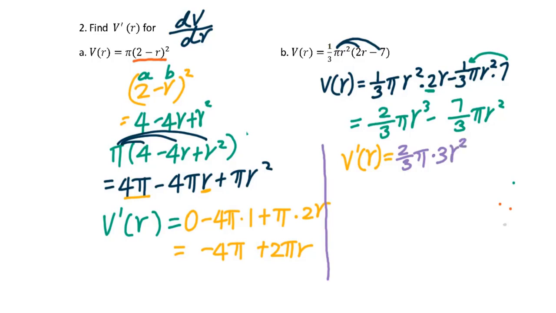So you get 3r squared, minus 7 over 3 pi times drop down the exponent then reduced by 1. You got 2r. Therefore, this 3 and this 3 reduce. You will get 2 pi r squared minus 2 times 7 is 14 over 3 pi r.